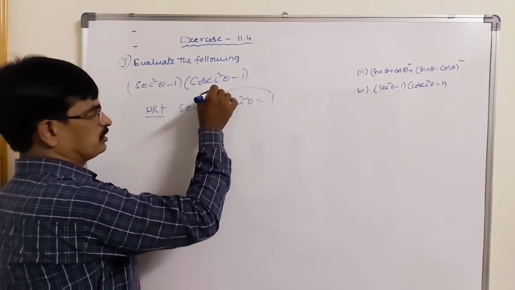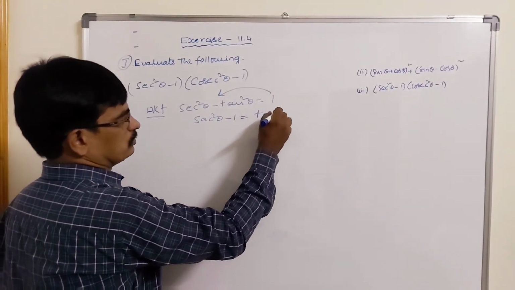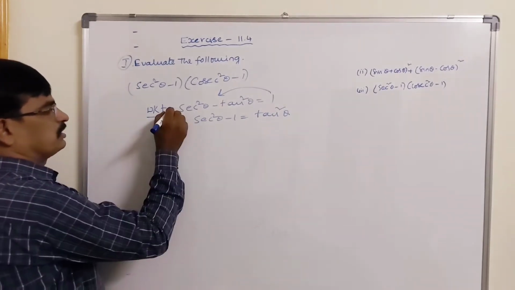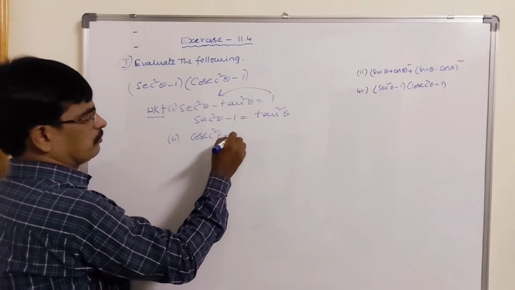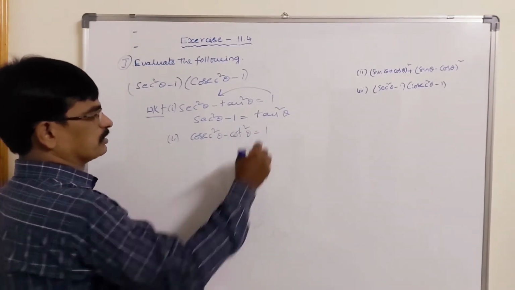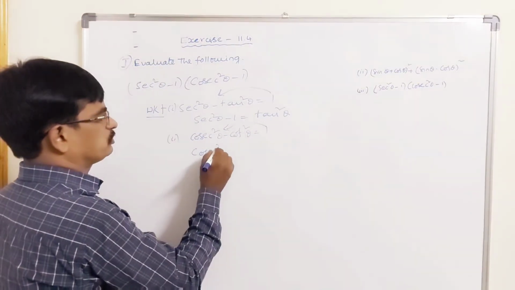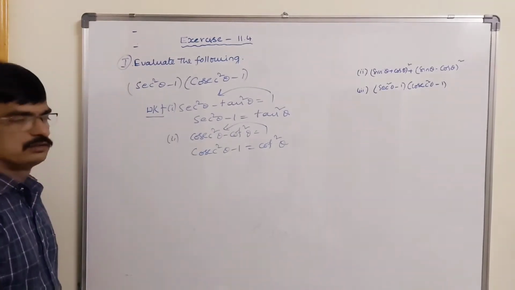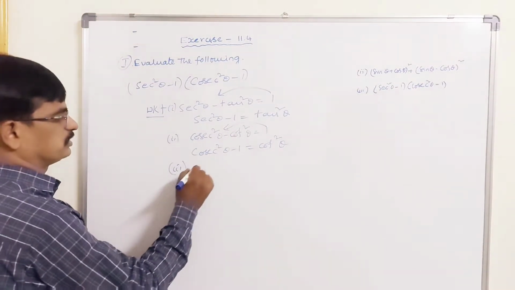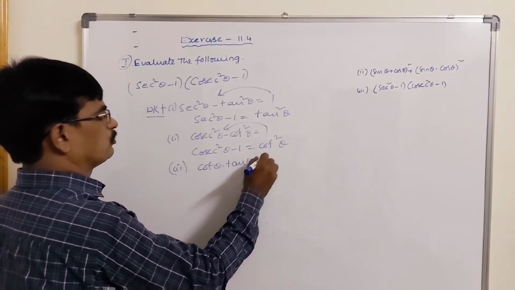If we transpose 1 to here, then we get secant square theta minus 1 is equal to tan square theta, and cosecant square theta minus cot square theta is equal to 1. If you transpose 1 to here, cosecant square theta minus 1 is equal to cot square theta. And the third identity: cot theta into tan theta is equal to 1.